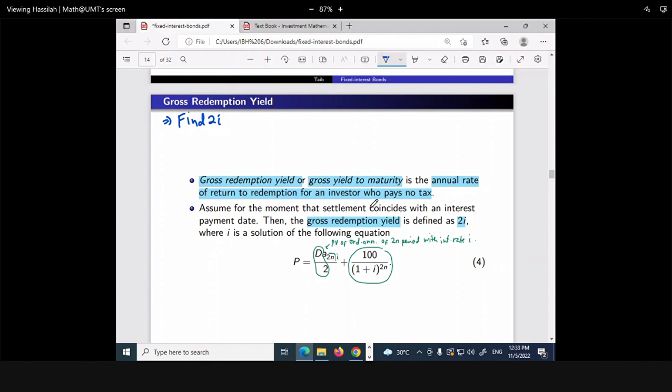Annual rate. Okay, jadi kena jadi 2I, bukan I tau. Untuk itu kita akan gunakan formula asas yang you should have in mind already. Equation 4 ni, you plug in sahaja semua apa yang ada dan kemudian you dapatkan 2I. So itu adalah gross redemption yield.